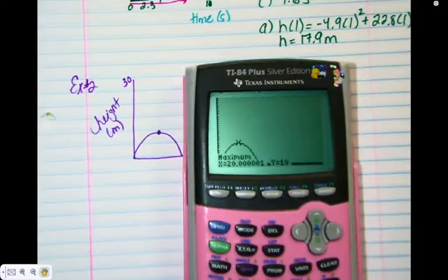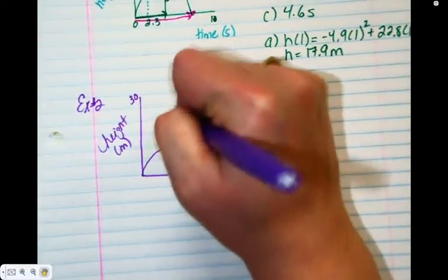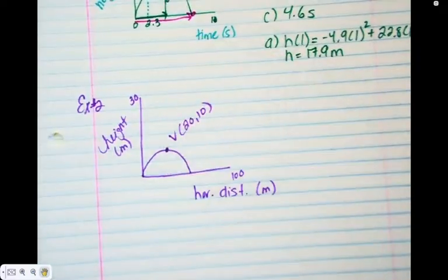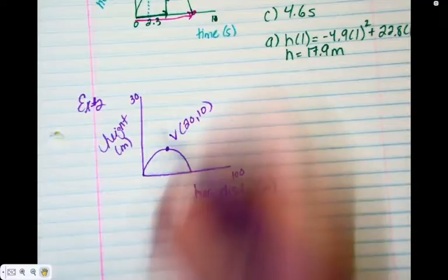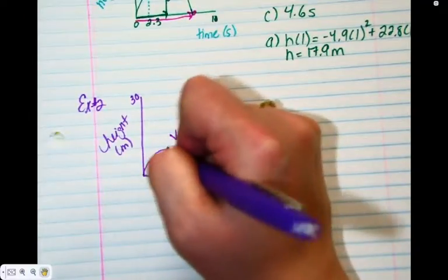Which, if you look at the equation, we could have got that right from the equation. I just want you to practice doing it on your calc. So that tells us the max height is 10.